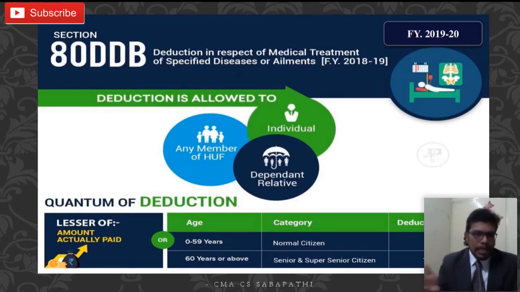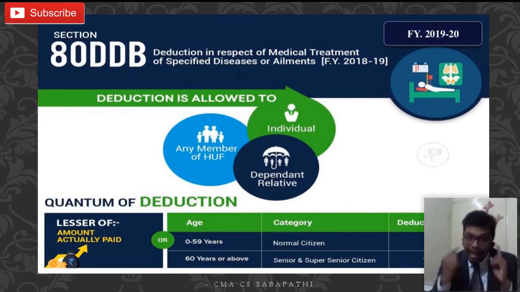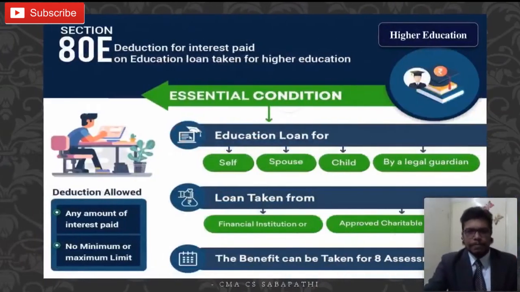If the person or dependent is a senior citizen, you can claim up to 1 lakh rupees, based on whatever you actually spent, other than cash. My dear friends, please do understand, other than cash, it has to be digital. You might have paid through cheque or digitally, right? In this case, you can take either 40,000 rupees or 1 lakh rupees, as the case may be.